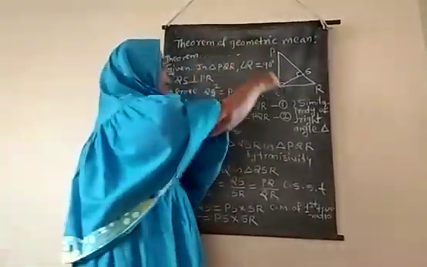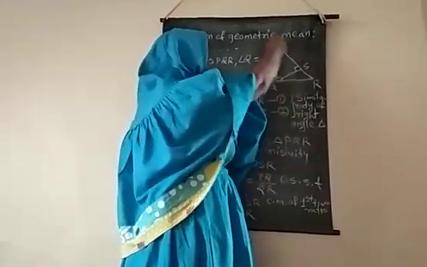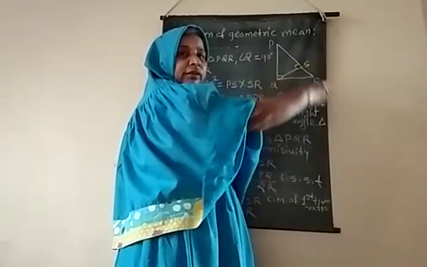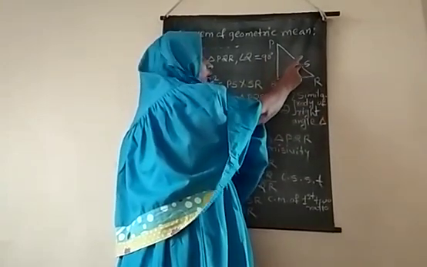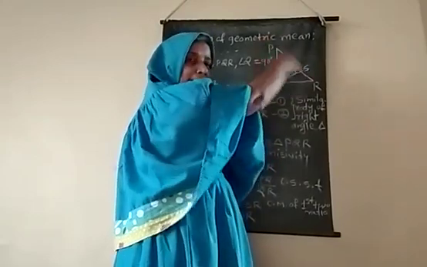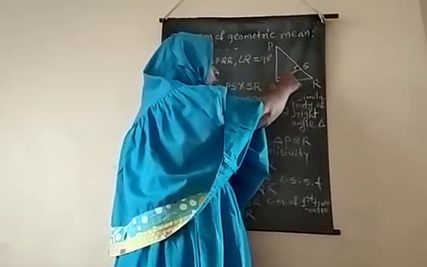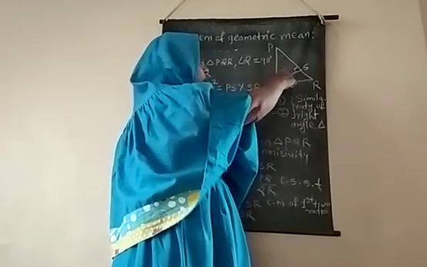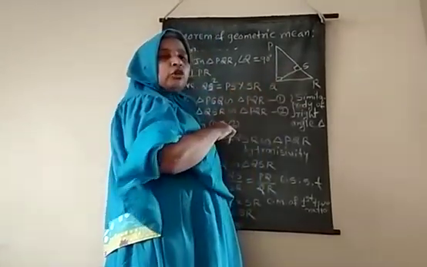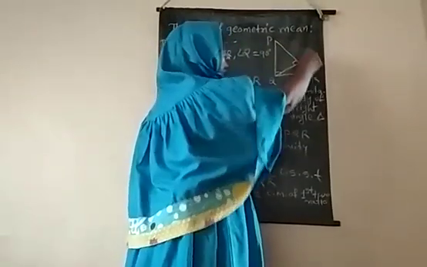The geometric mean property says that whenever in a right angle triangle a perpendicular is drawn on the hypotenuse, the perpendicular segment drawn on the hypotenuse is known as the geometric mean. So this QS is the geometric mean, and QS square is equal to PS multiplied by SR.